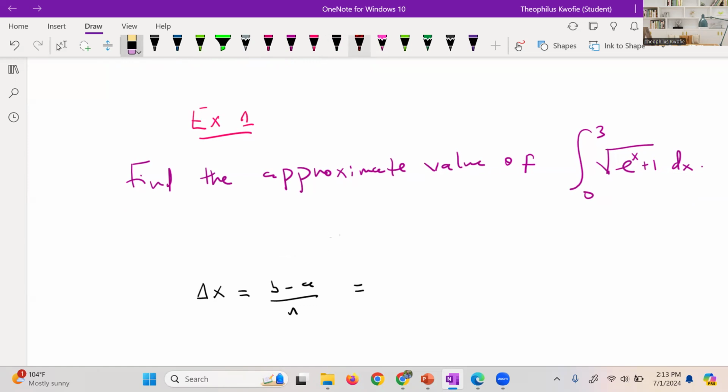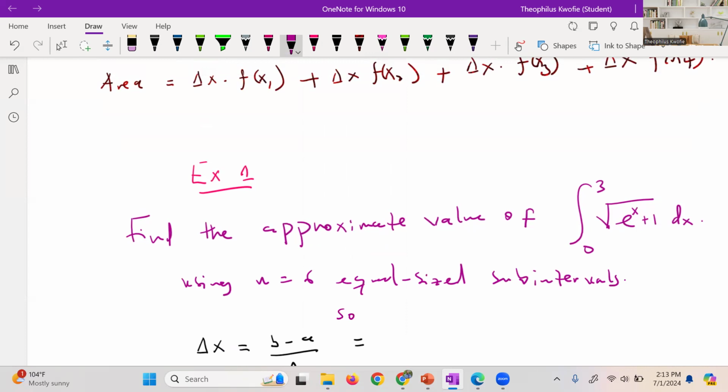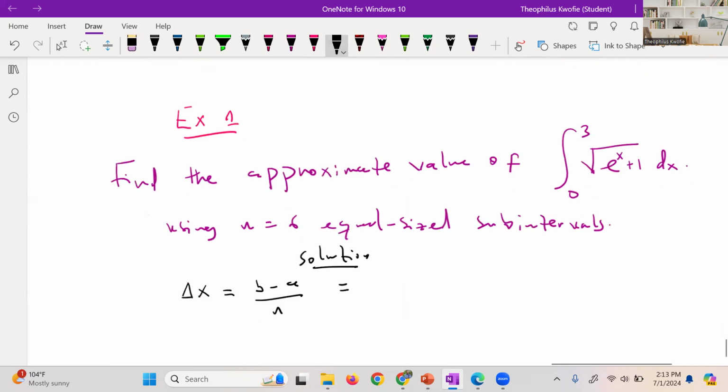The question demands that we use n equal to 6 equal size subintervals. Okay, so we have that.